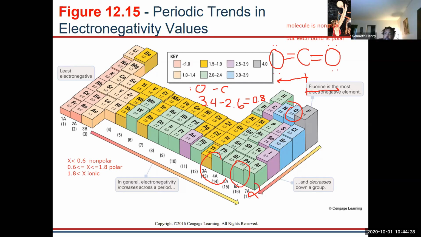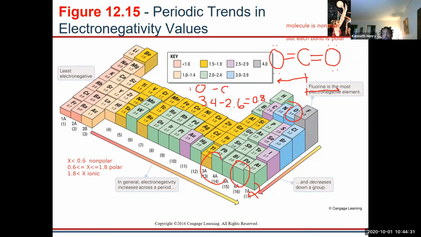I got 0.8. So is that going to be polar or nonpolar or ionic? Polar. Okay.